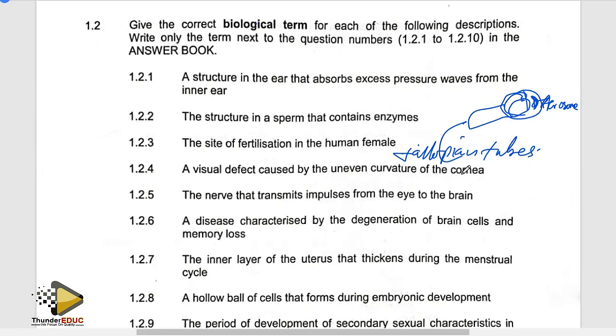This uneven curvature of the cornea, if it is not the lens, then it is astigmatism. Then they are saying the nerve that transmits impulse from the eye to the brain. The moment you talk about the eye, anything related to the eye, it is optic. So it becomes the optic nerve.